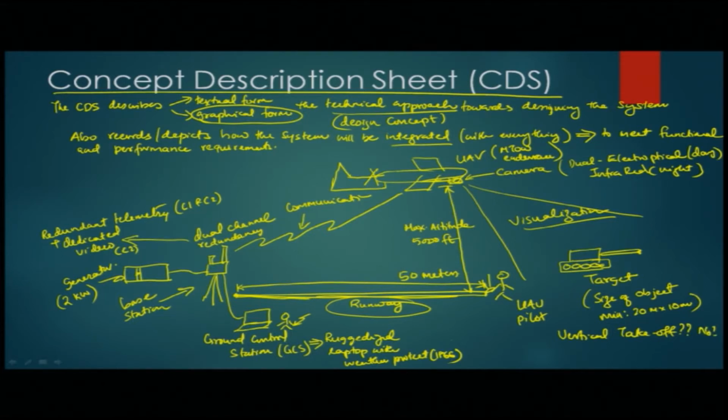If there is no runway, somebody could say, okay, fine, it could have been a vertical takeoff, that kind of confusion. And here we said target, the size of the target is specified. So that gives an idea that this UAV is designed to identify a target of this size as the minimum size. I'm just giving examples in this regard. And for the UAV pilot, you can add the user qualifications.